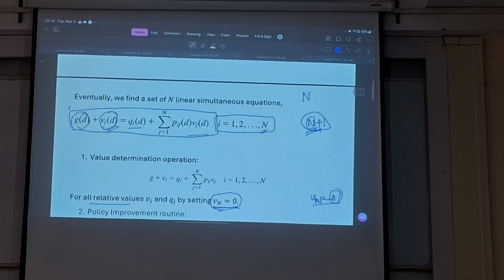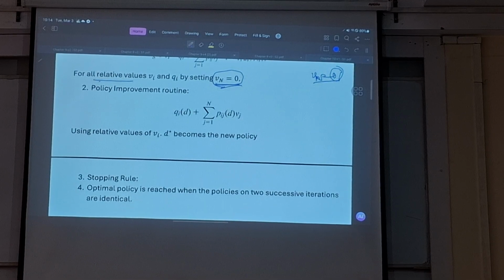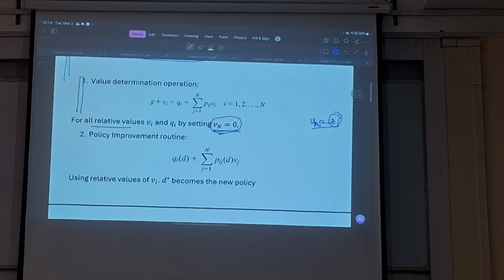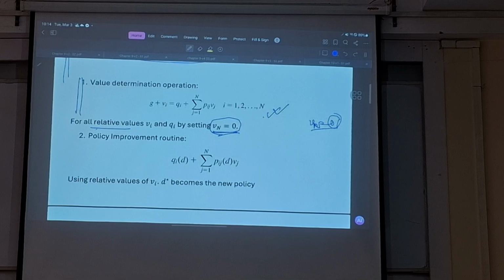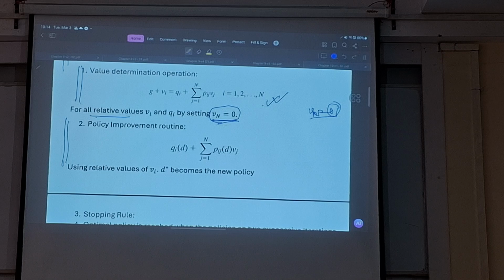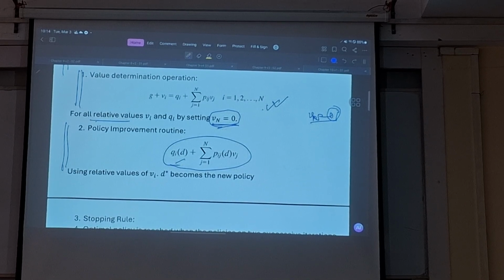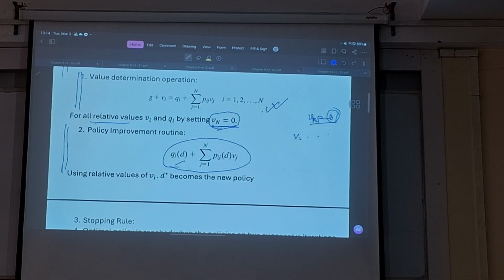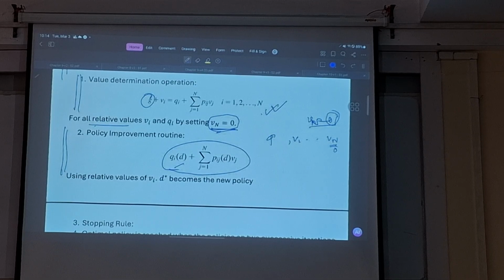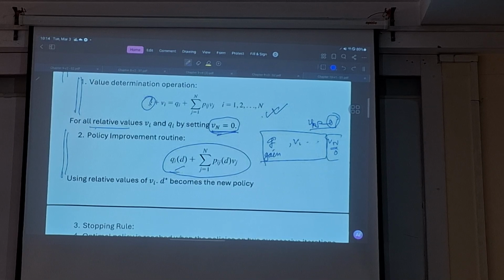Once we have the system of linear equations, the policy iteration method works in steps. We solve the system of linear equations, as I mentioned, and then based on that we find the policy improvement, which policy is producing the best result. In this iteration, we calculate the values v_1 to v_n, where G is the gain of the system and we set v_n equal to 0.